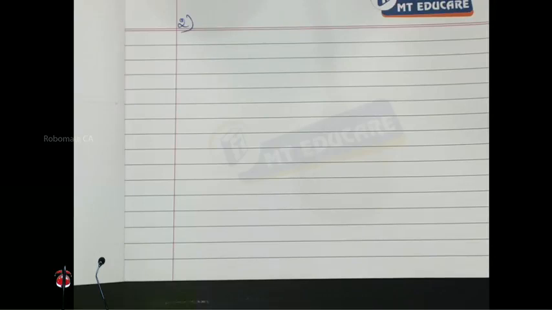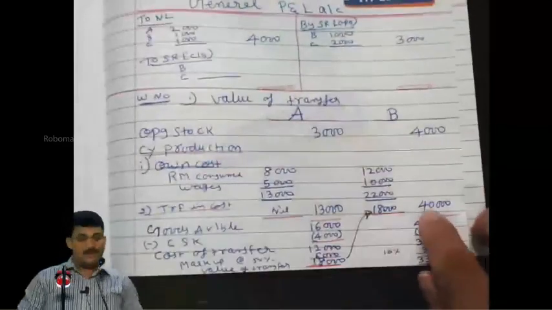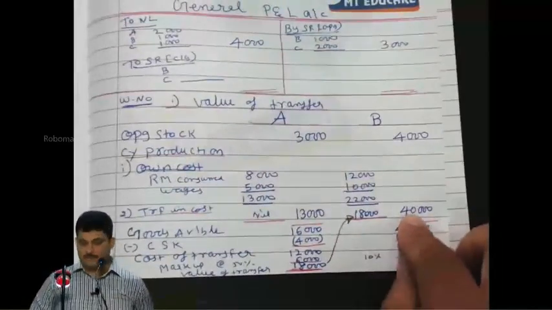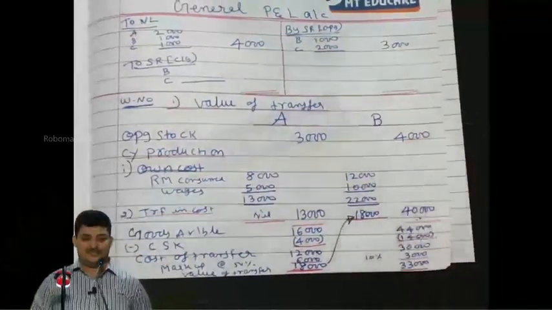You look into the production of department B. There is a chart we have just presented, a table. Please look into the working notes. In our working notes, you find the production of department B. It is own cost of 22,000 and transfer cost of 18,000 in the current year production of 40,000. 4,000 is previous year production.